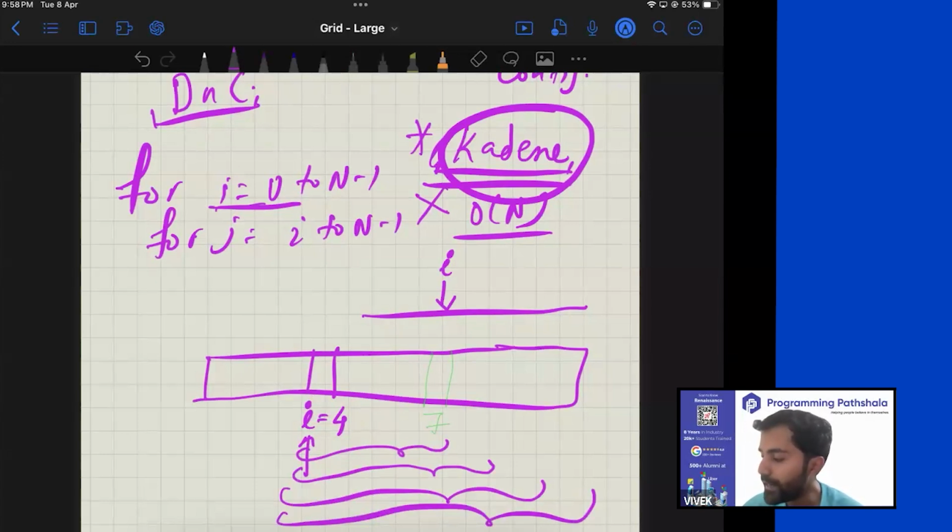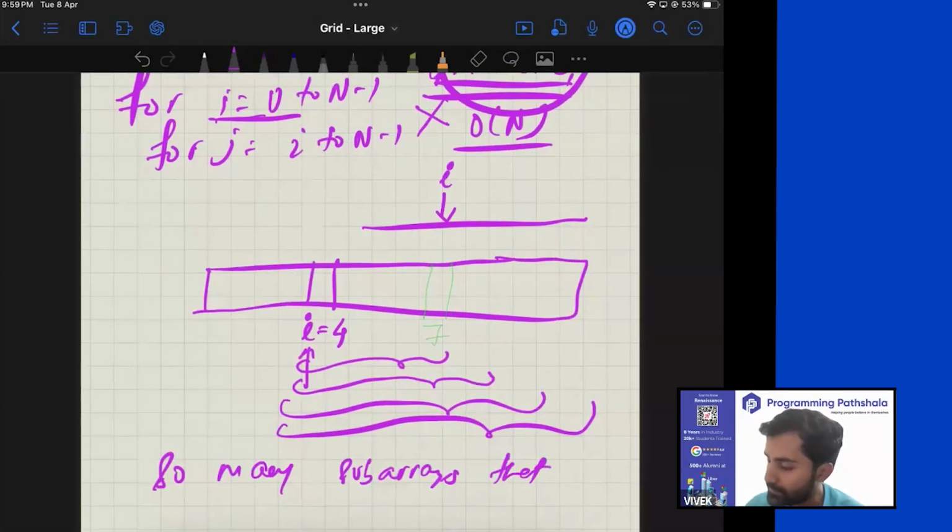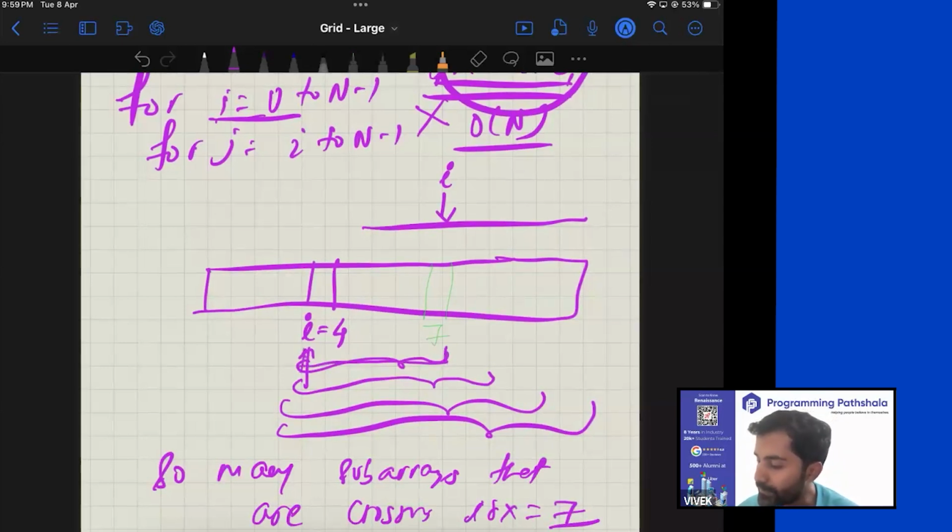So you would end up considering so many subarrays that are crossing index 7. This is also crossing the index, and crossing means either touching or crossing and going ahead. So this was the first one, this was the second one. There are so many of them.